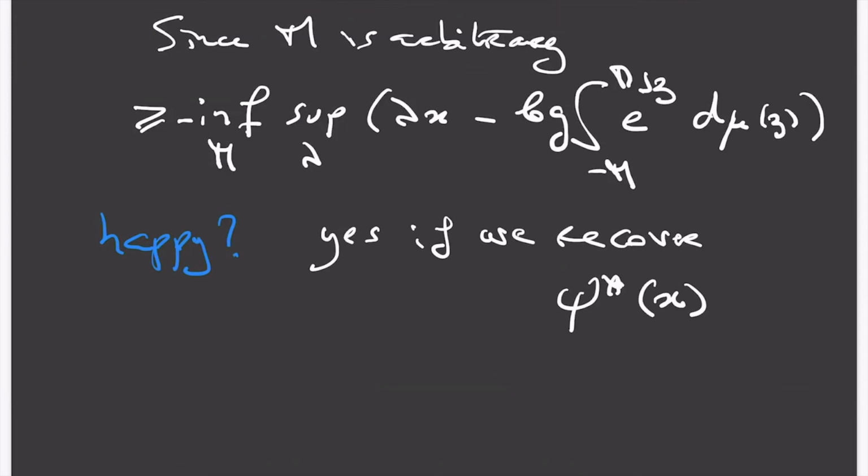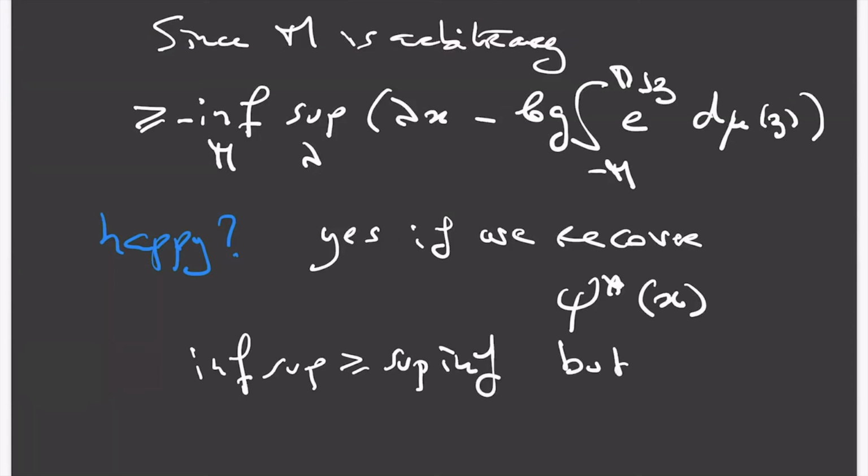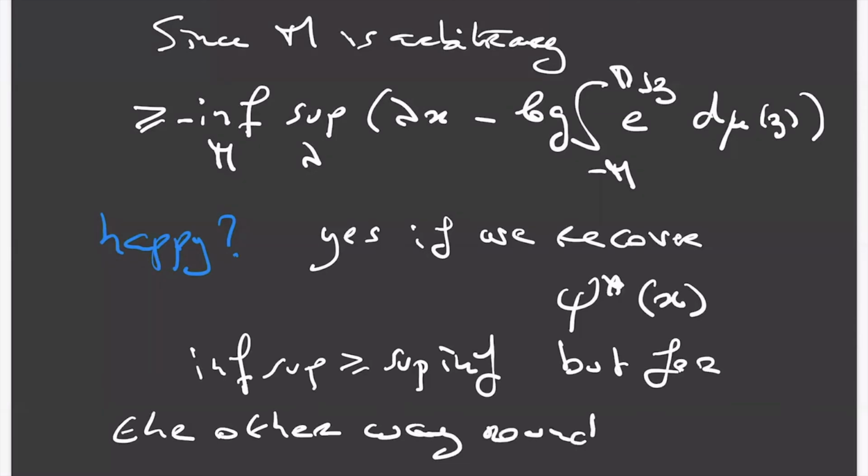But this is not quite true, or this is true, but we have to work a little bit to show that it is true. What is simple is that we know that the inf of a sup is larger than the sup of inf. But for the converse inequality, for the other way around, we need to work.